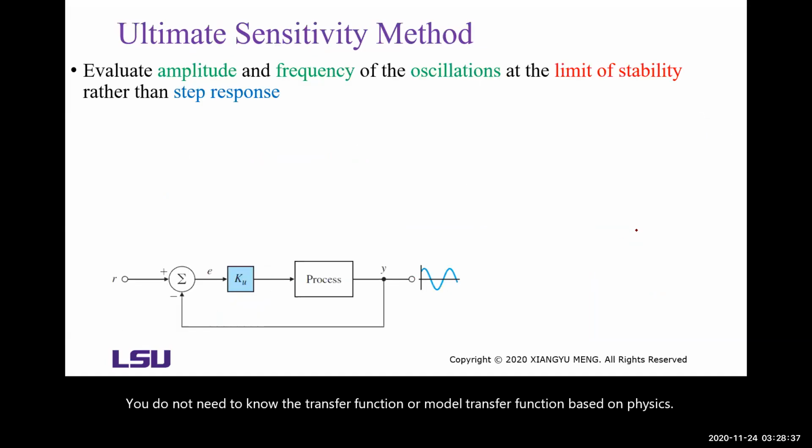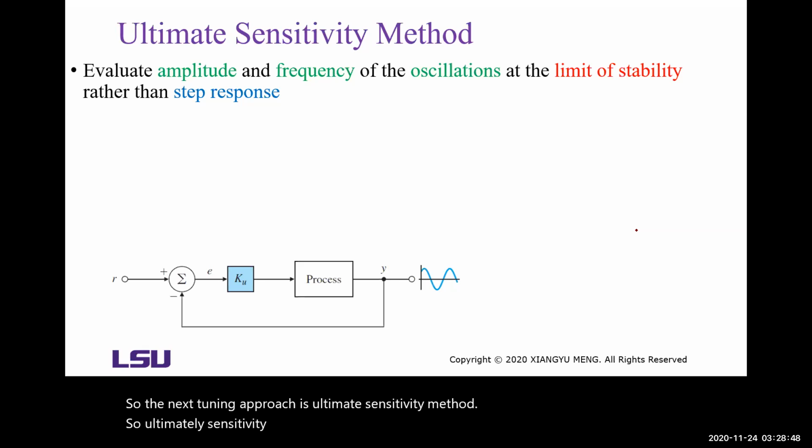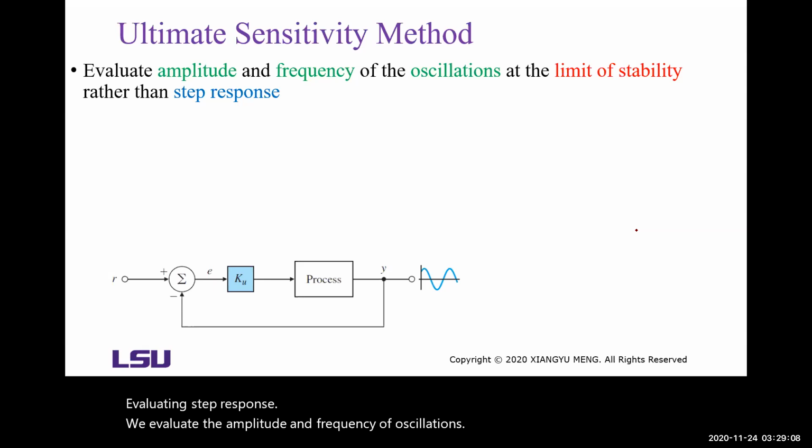So the next tuning approach is the ultimate sensitivity method. The ultimate sensitivity method is different from the step response method. Here, instead of evaluating the step response, we evaluate the amplitude and frequency of the oscillations at the limit of stability.